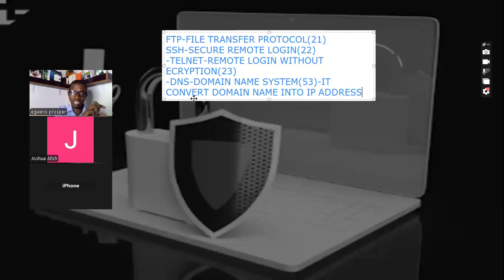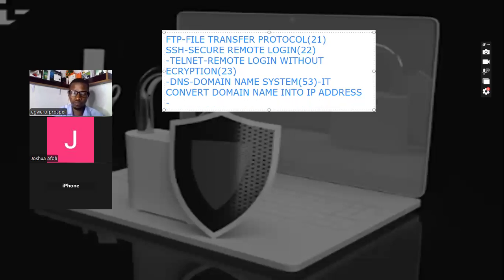Somebody can give you that IP address as a way of locating them on the internet, instead of giving you www. So it is this DNS that, because a lot of users cannot interpret that code, and they can make mistakes even in typing it, converts it into a readable name or address that somebody can easily pronounce, like www dot. All right. And it uses port 53.